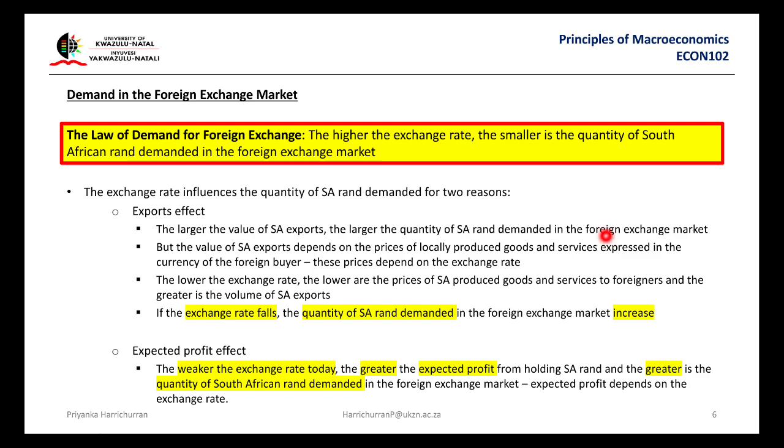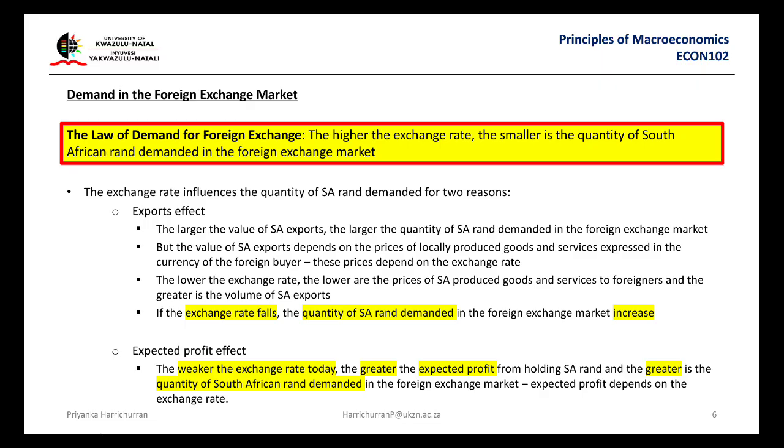So okay, what is the export effect, right? Firstly, the higher the exchange rate, the smaller the quantity of South African rand demanded in the foreign exchange market. So when the exchange rate is very, very high, it's basically very, very bad.